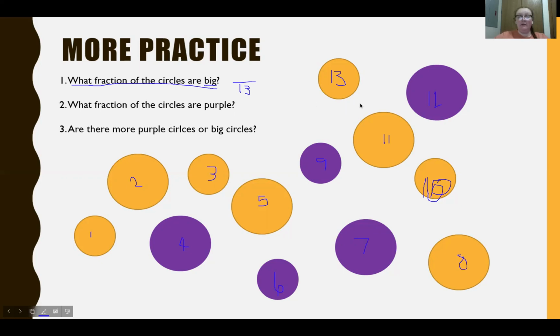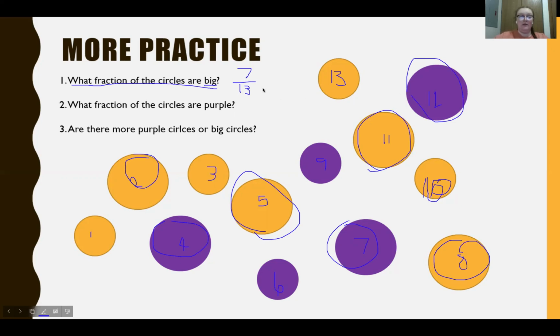So let's go back and find the bigger circles. It looks like we've got 1, 2, 3, 4, 5, 6, 7. Yep, 7/13 of the circles are big.